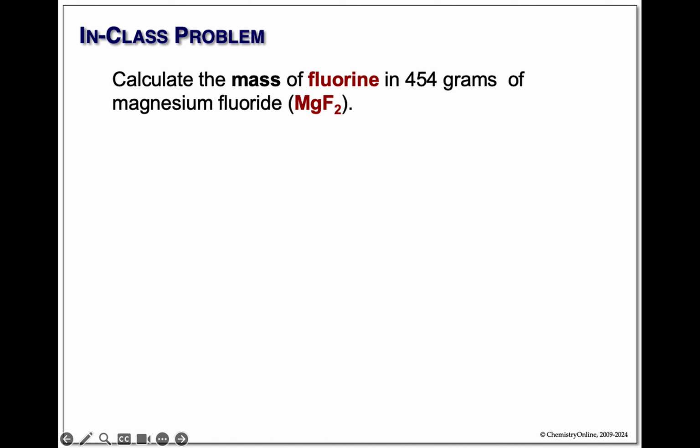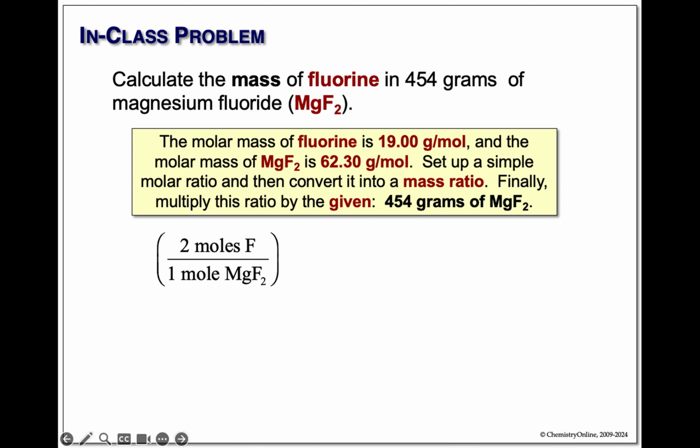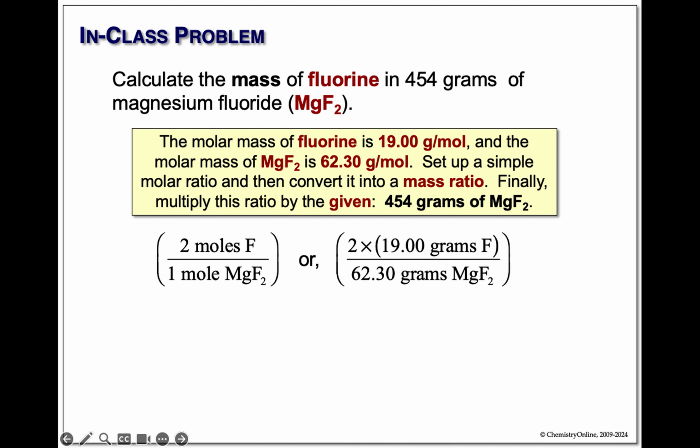Well, first we need to figure out the percentage, right? We have 2 fluorines for every MgF2. Fluorine is 19, MgF2 is 62. 2 times 19, and here's this.